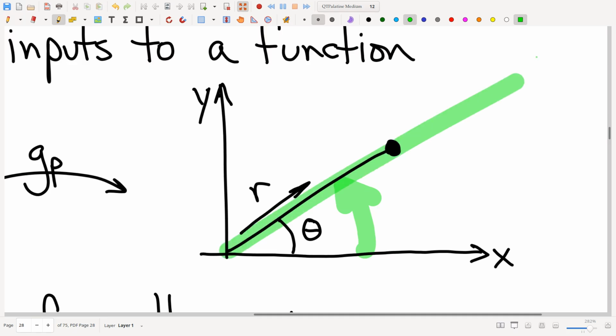That'll define a direction. And then, loosely speaking, asterisk, I'm going to come back and fix this in a second. Loosely speaking, R says how far do you go in that direction, and then that defines a point. Is that cool?